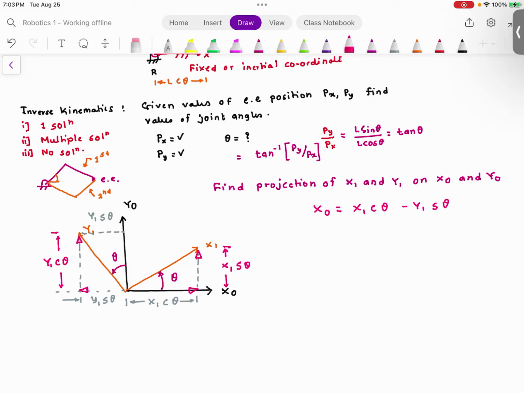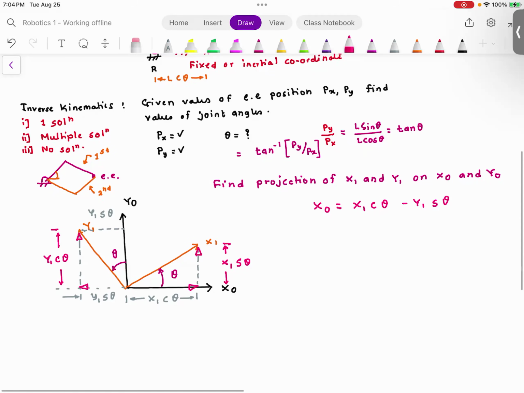But please note, both these components are in the positive y0 direction. Can you see that y1 cosine theta is going in the same direction as y0? x1 sine theta is going in the same direction as y0. So if I were to write it, y0 is going to be x1 sine theta plus y1 cosine theta.